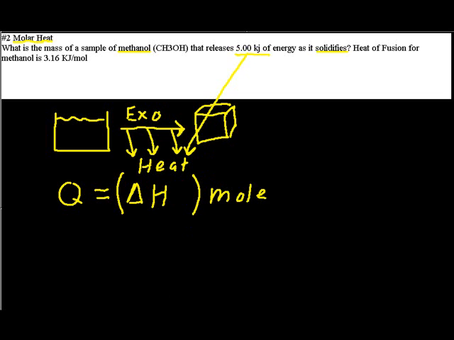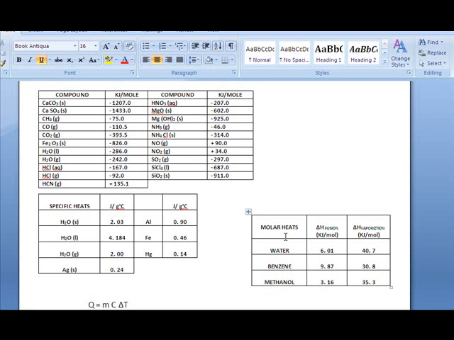So what we do is we look up on the chart. It's a molar heat problem. We're working with methanol. What are you doing with methanol? We're solidifying it. Because it's freezing, it belongs in the category of a delta H of fusion.